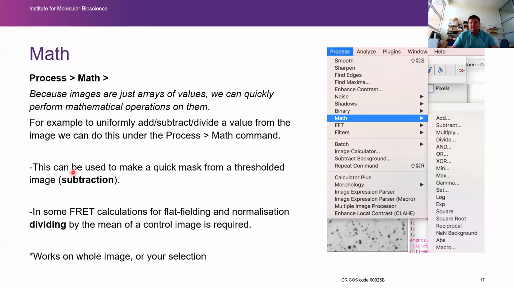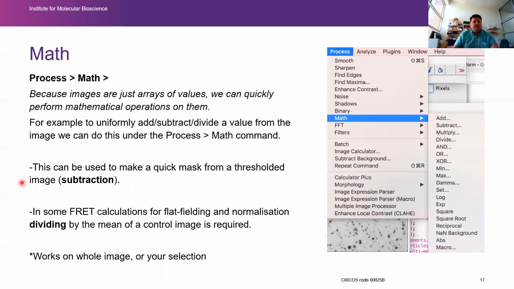The subtraction is useful because if you've made a thresholded mask, you can then subtract 254. And so instead of it being 0 and 255, it'd be 0 and 1. And then you can multiply that by something else to then just keep the areas that you're interested in. And we'll go through that a little bit later today.